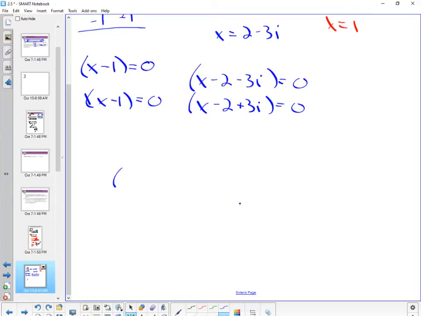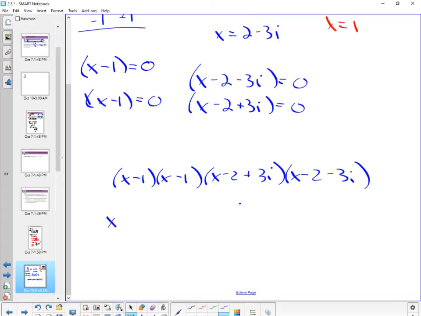So once we do that, we've got x minus 1 times x minus 1. Let's start here. What's this going to give me? x squared minus 2x plus 1. This one's going to be a little bit longer. What's that going to give me? x squared.